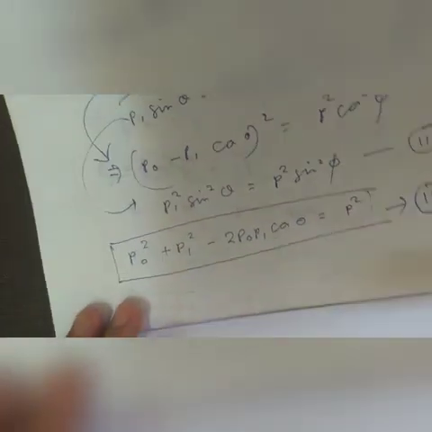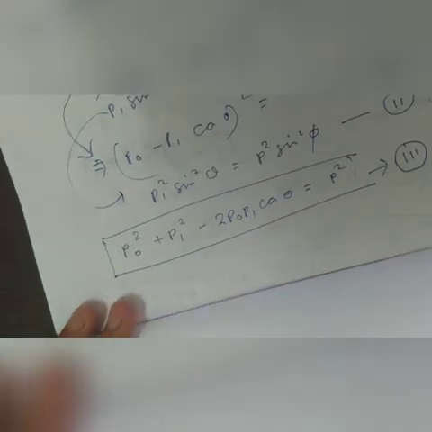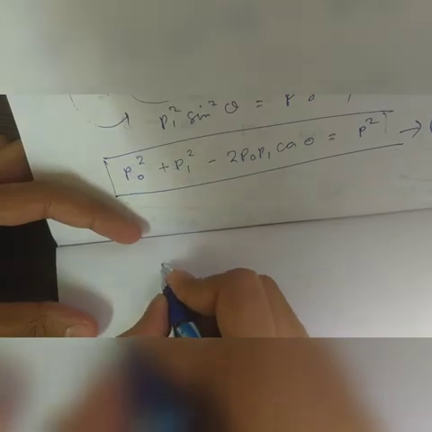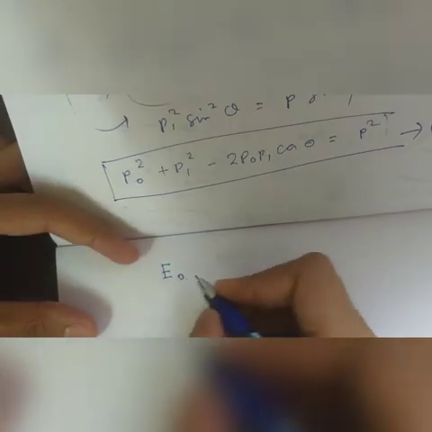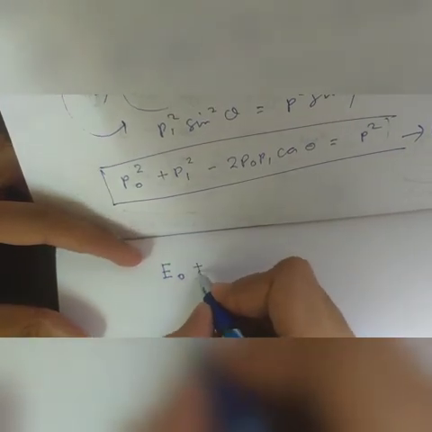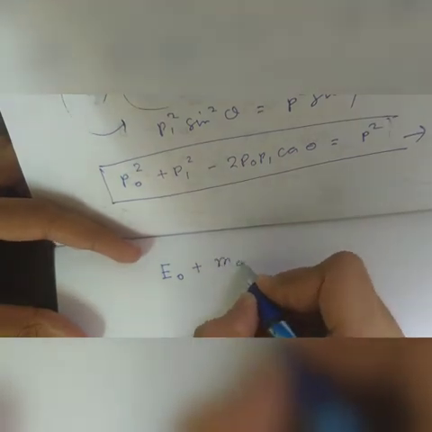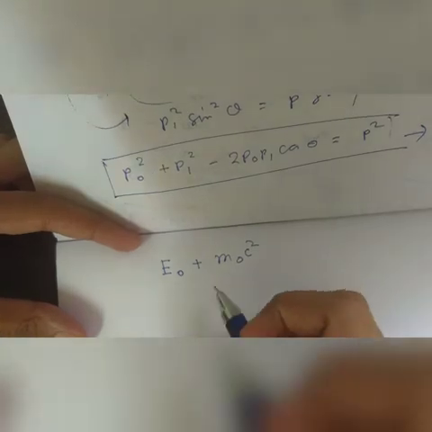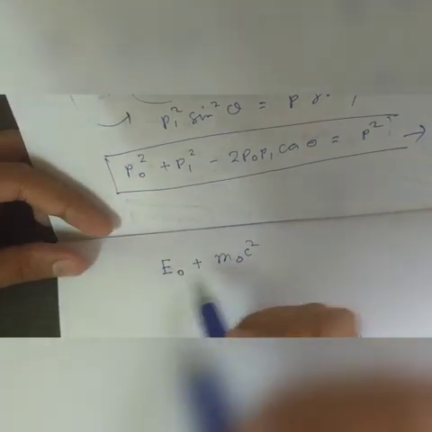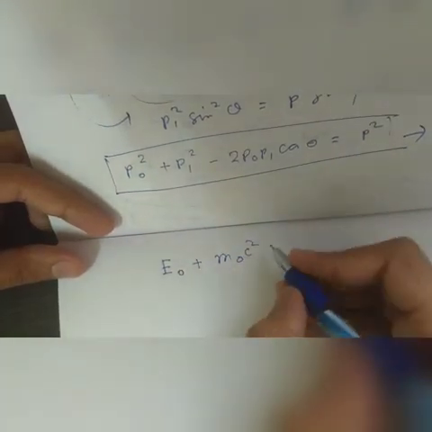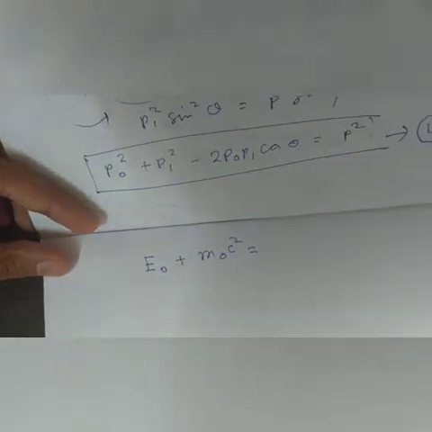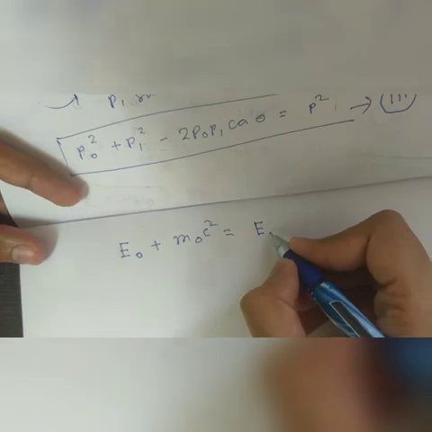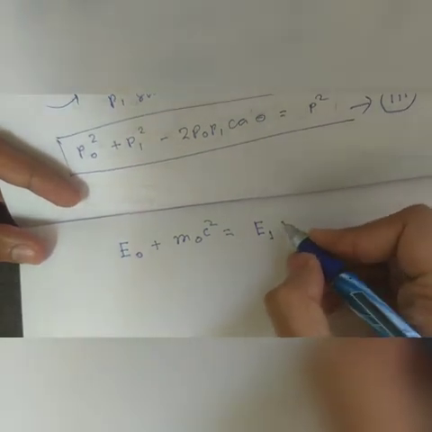Now we consider the law of conservation of energy for the whole system. Before the collision, the energy of the photon was E naught, and the rest mass energy of the electron was m naught c square. The rest mass energy of the photon is 0, and the electron was at rest, so it didn't have any kinetic energy. After the collision, the new energy of the photon is E1.